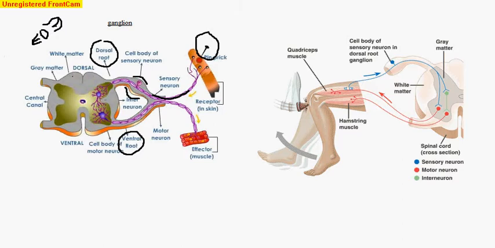Now here we can have relay neuron, or if the response is needed very fast, we might not have a relay neuron, but it doesn't matter. But if we have the relay neuron, let's assume we have it for this particular case, okay?